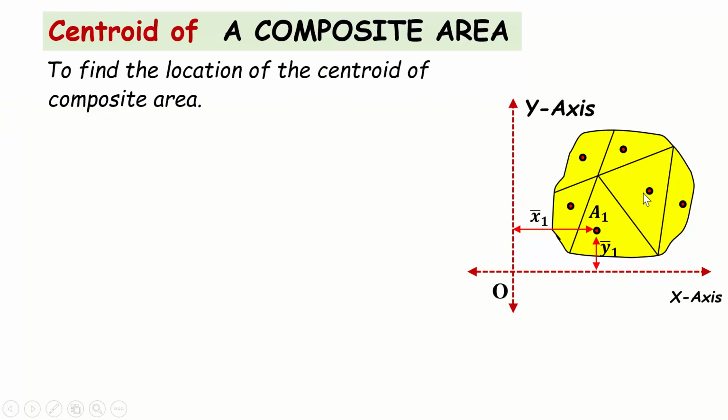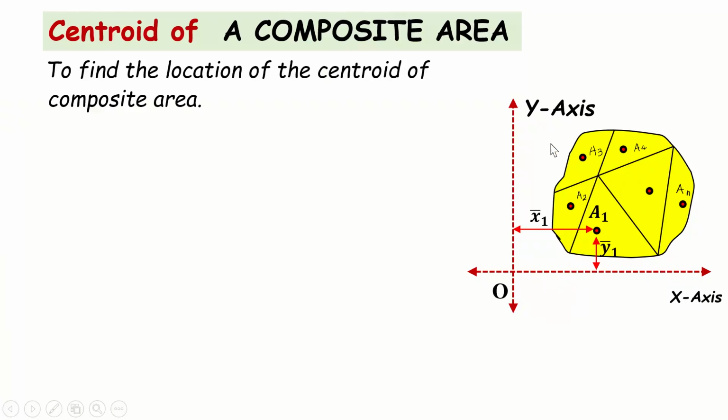Similarly, for all the other areas, this one is area A2, this one is area A3, friends, A4, and so on. So I will say this one is An, n number of areas we are having. Each area will have its corresponding centroid.